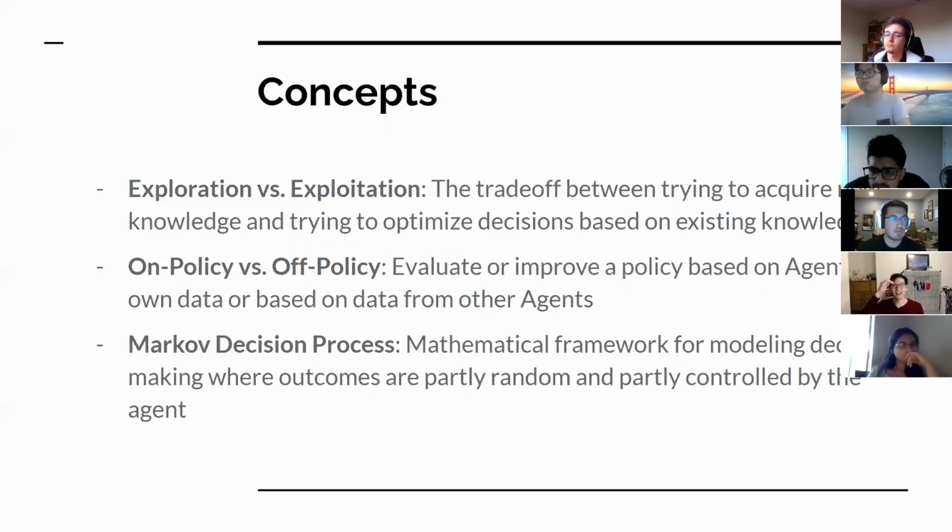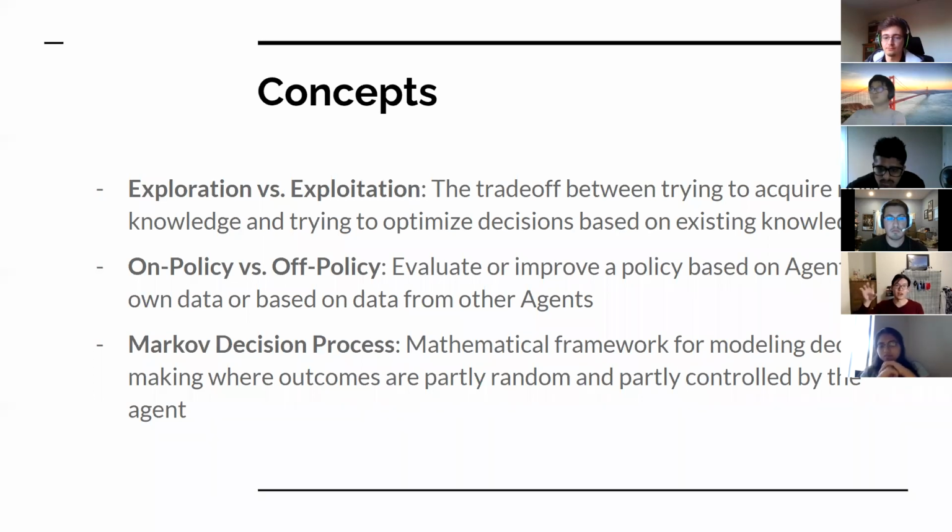I have a comment to add to that. One example of how you would do exploration versus exploitation in a model-free setting: in a model-free model, you wouldn't have a model of the world. Let's say it's a neural network which directly maps an input to some action to do.